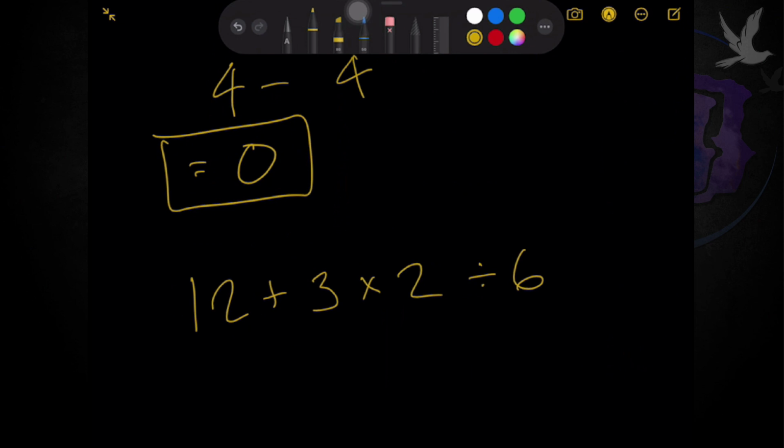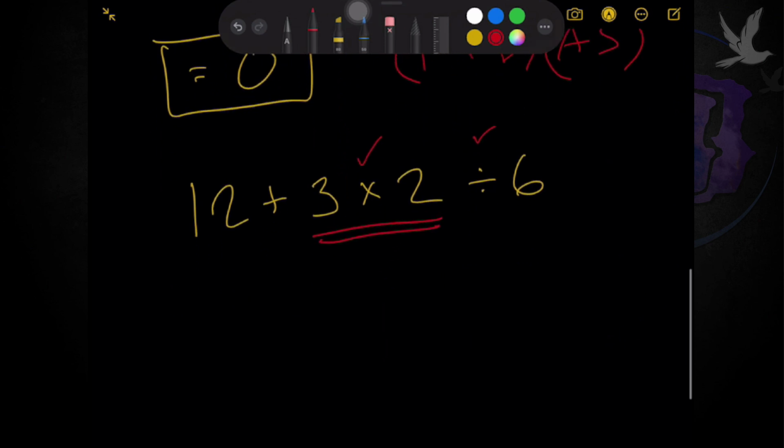Then again, our rule, M.D.A.S. You have to deal with these two first before doing the addition or subtraction, which means we don't do that yet. We have to deal with the multiplication and division first. So, which comes first? It's the multiplication in this case. So, you have to deal with 3 times 2 first. So, 3 times 2 will give us 6. Rewriting 12 plus and divided by 6.